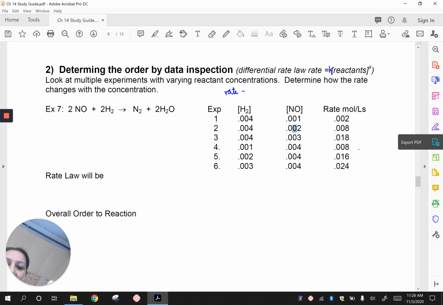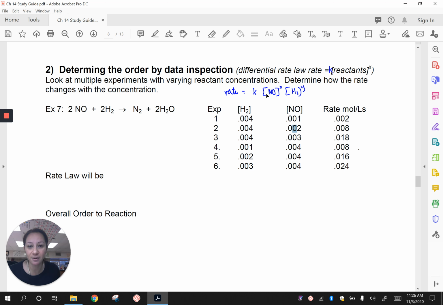So we know that the rate is going to be the concentration of my reactants raised to some power, x and y. We don't know what x and y are. Again, those are the orders with respect to NO and H2.